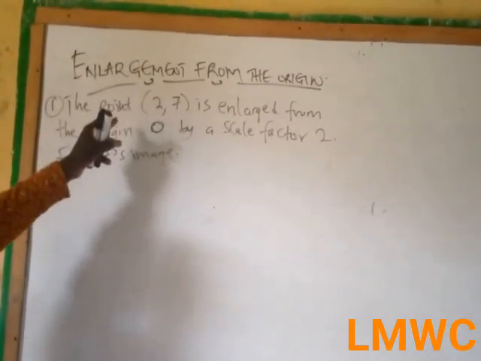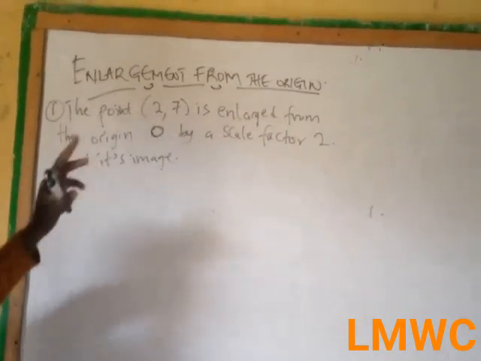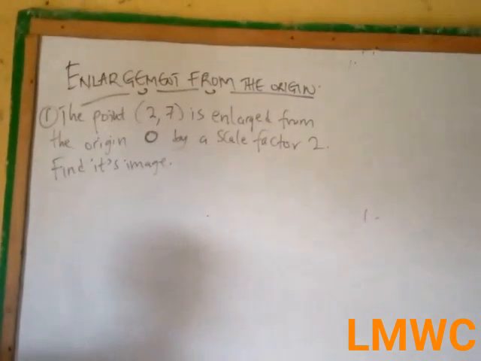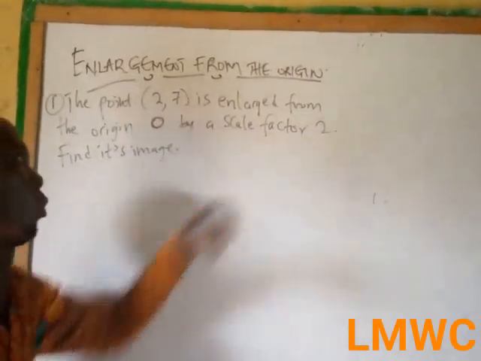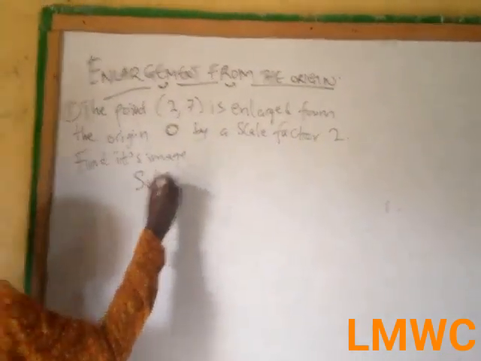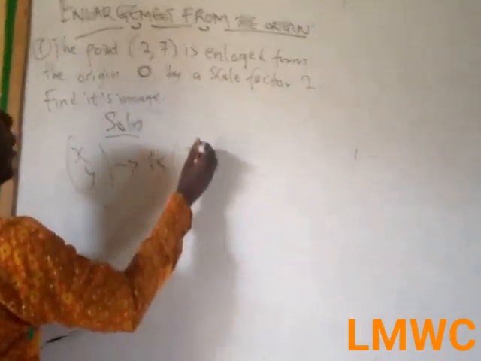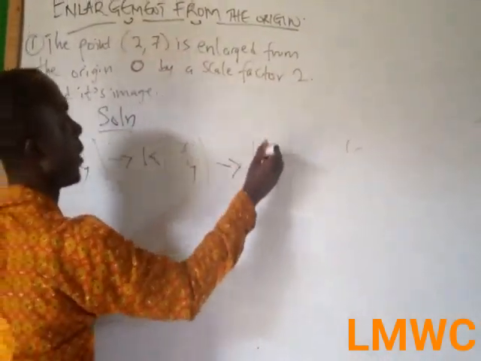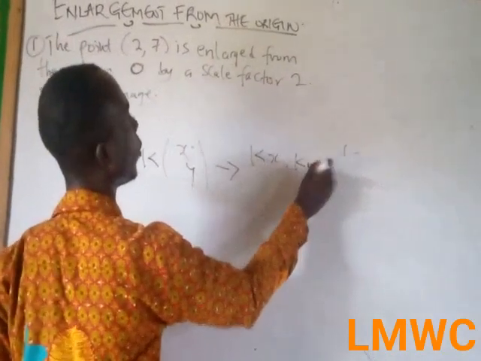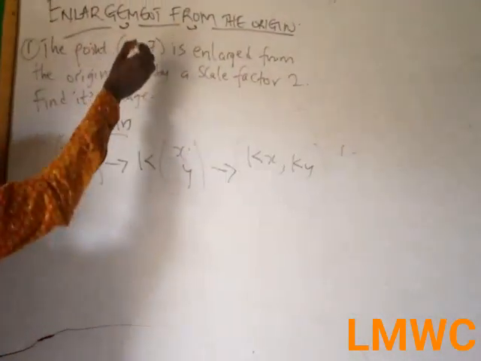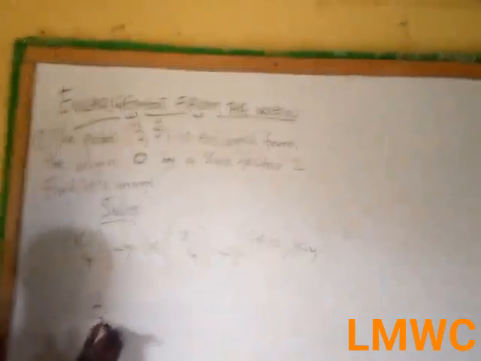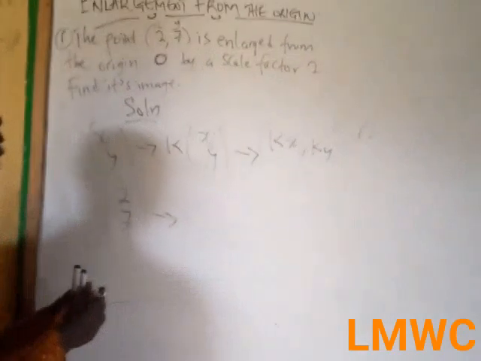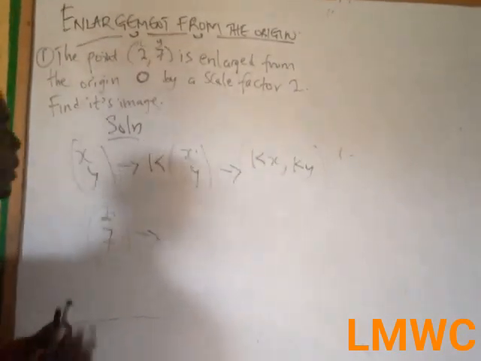Example 1. The point (2, 7) is enlarged from the origin O by a scalar factor 2. Find its image. We know the formula: (x, y) maps to k(x, y), which gives us (kx, ky). Now what is our x value? x is 2, y is 7, and the scale factor is 2.